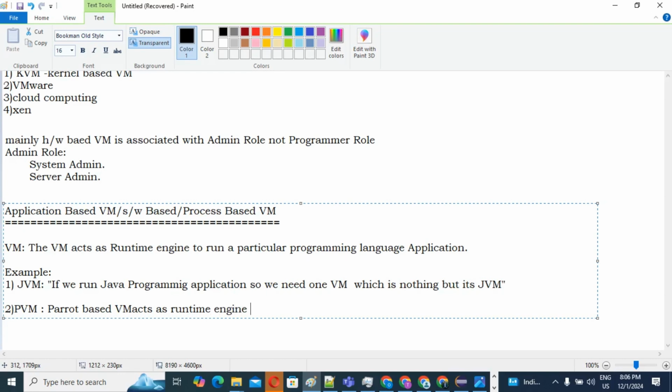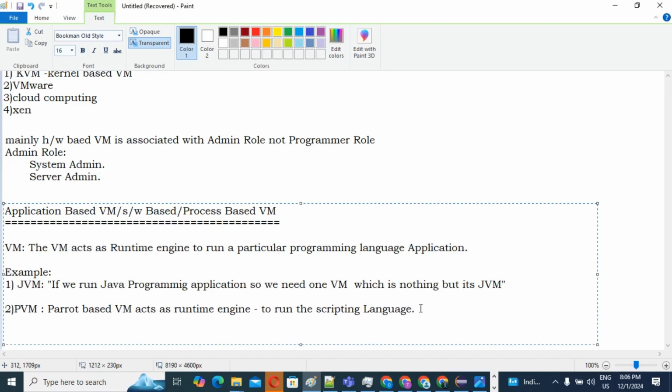Same as we need JVM for running the Java application, the Parrot based virtual machine acts as a runtime engine to run a scripting language. That is the second example.